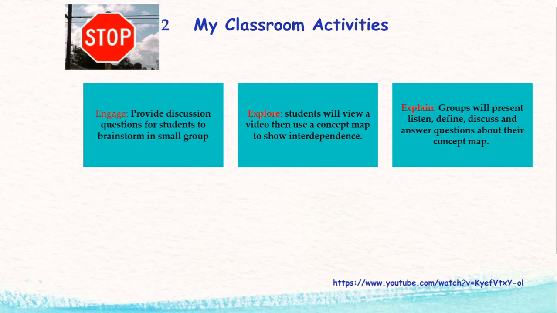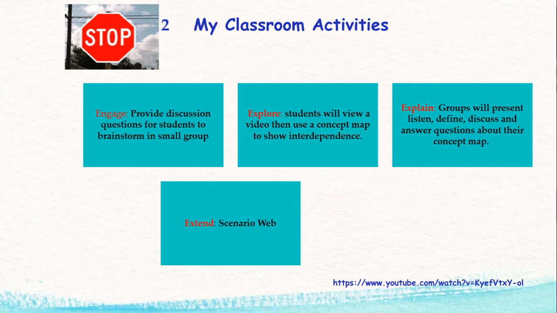Third E, explain: groups will present, listen, define, discuss, and answer questions about their concept map. Next E, extend: I will use a scenario web. This web would be involved in prior discussions we had previously when I wanted to introduce what was coming next.